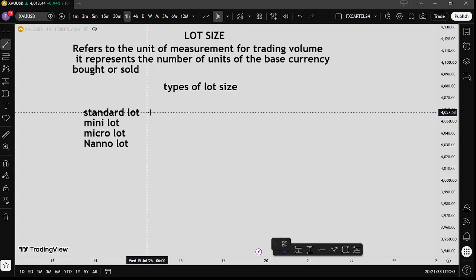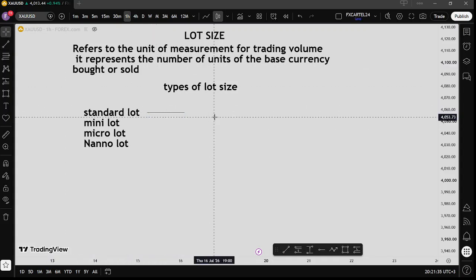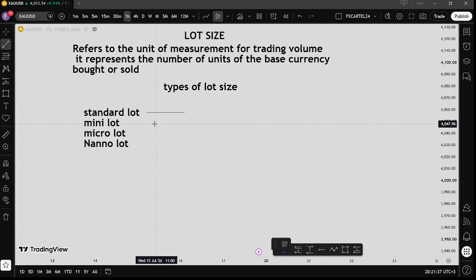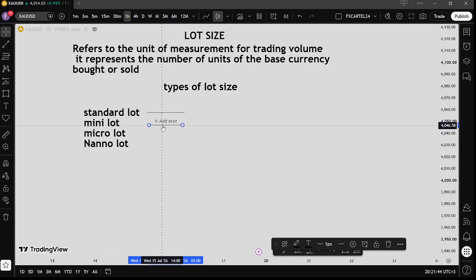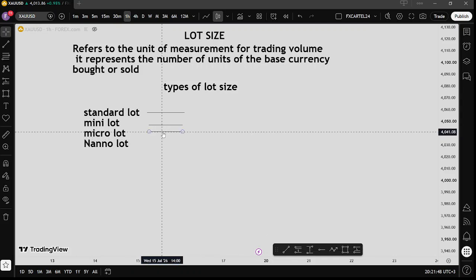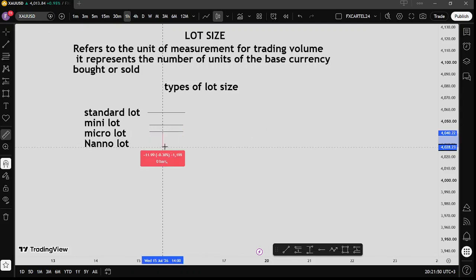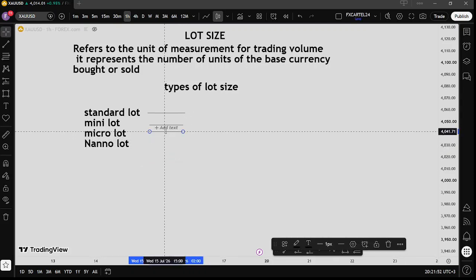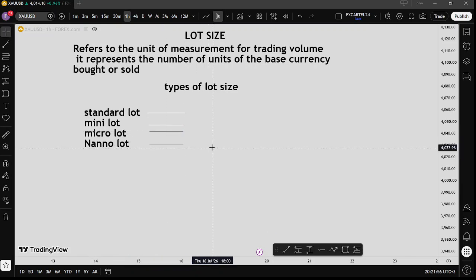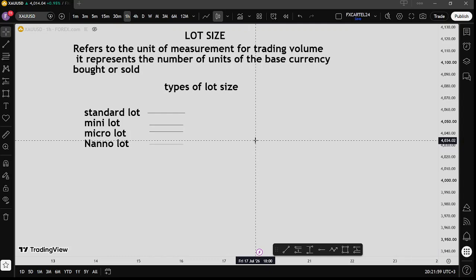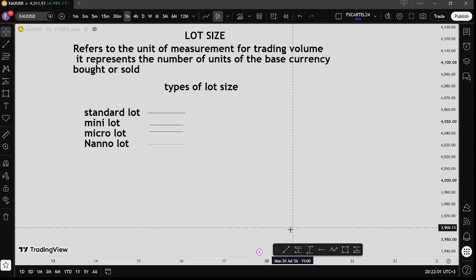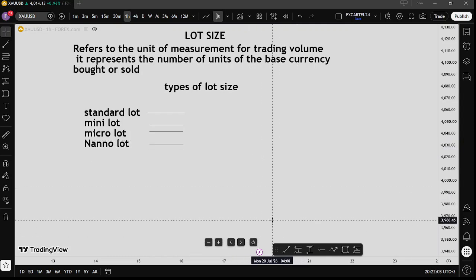In a standard lot, for example, let me put these lines first. A standard lot is anything at or above one lot.